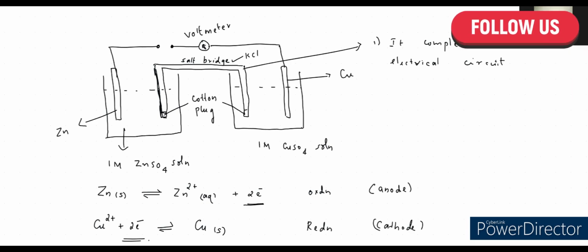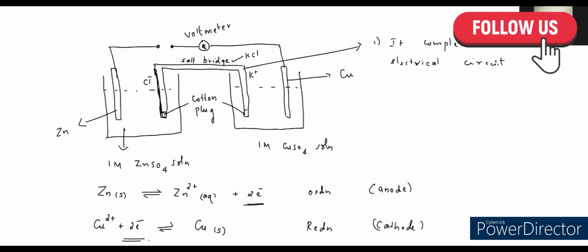Therefore, the left side solution is rich in positive ions. The right side solution is rich in negatively charged ions. The salt bridge will be sending oppositely charged ions to each of these terminals. On the left side container, you have more positive ions. So from the salt bridge, Cl minus ions will be moving towards ZnSO4 solution, and K plus ions will be directed towards CuSO4 solution.